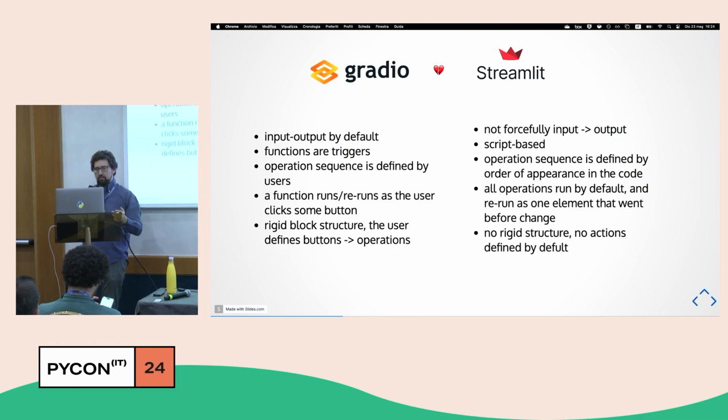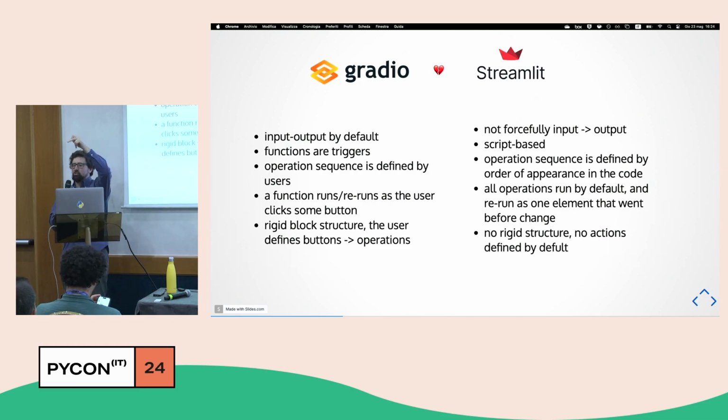In Gradio, a function runs or reruns as you click the button, and never again. And in Streamlit, on the other side, all operations run by default in a script manner. And they rerun when one element that went before changes. So I have one filter at the top and the graph at the bottom.